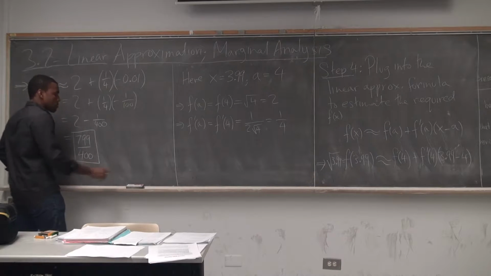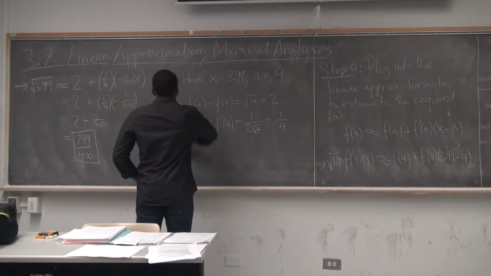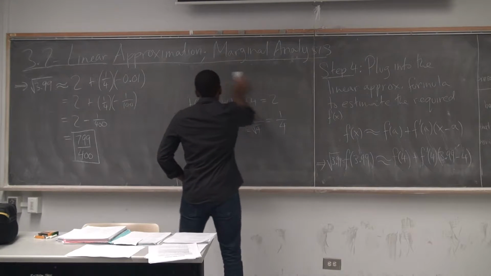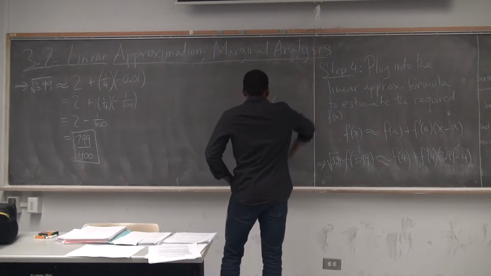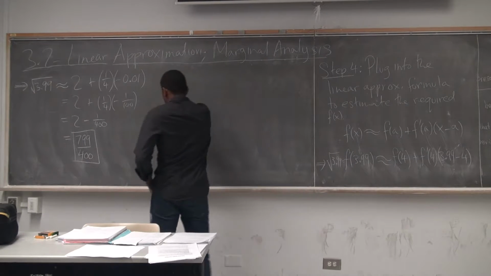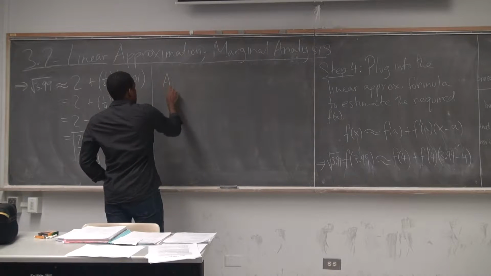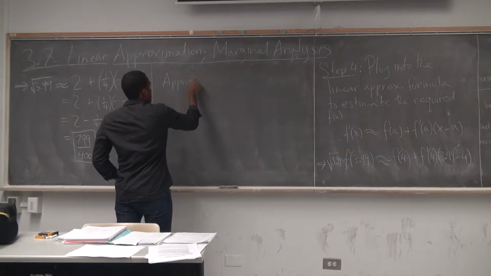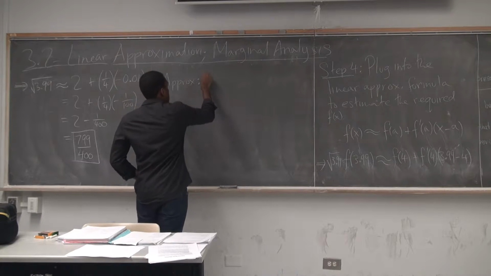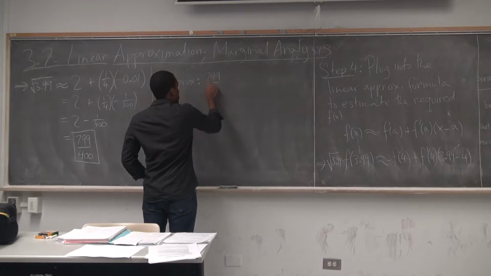Now, by the way, I actually plugged that into a calculator so we can see how good this method was in this case. So here's our approximation. Our approximation was 799 over 400.